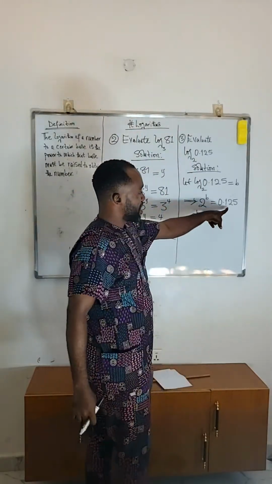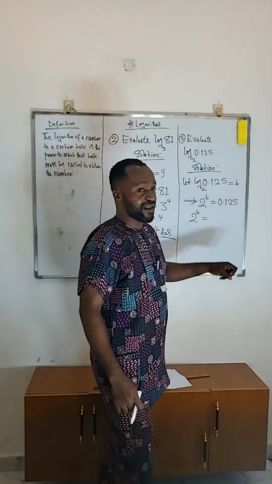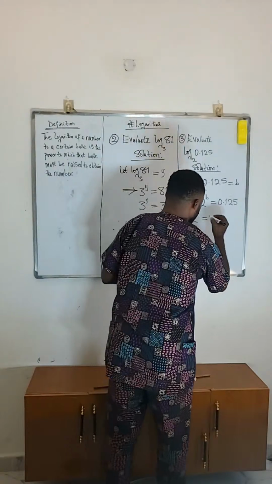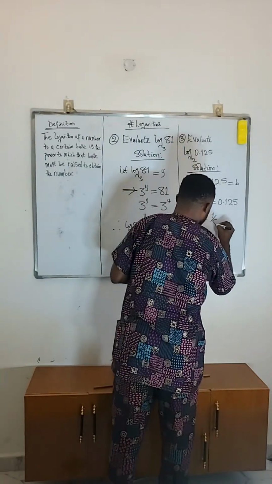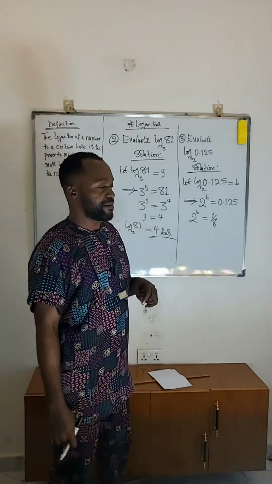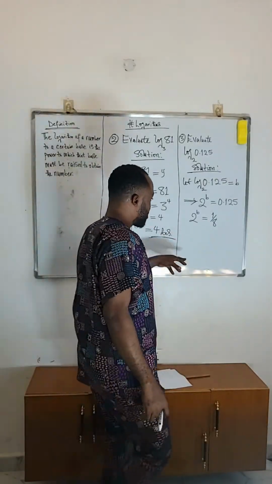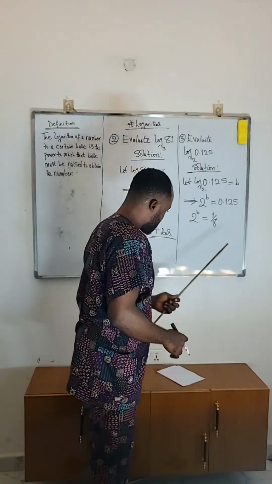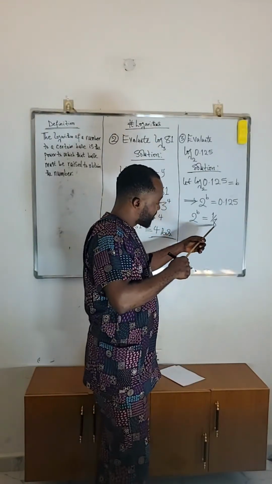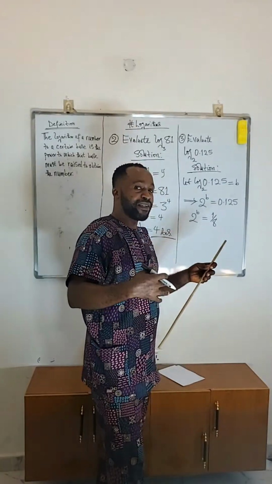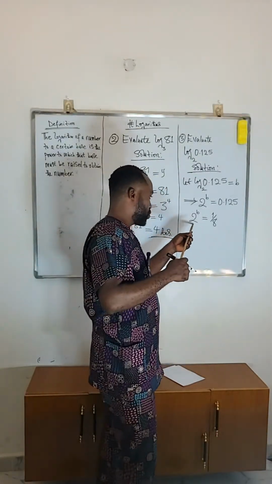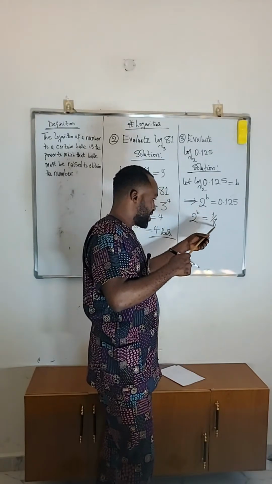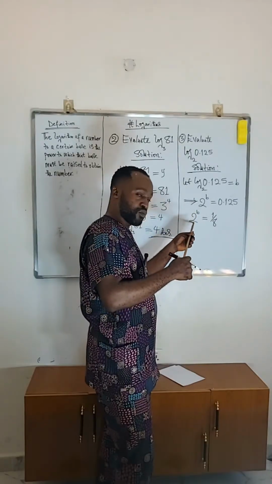In the next step, let's change 0.125 from decimal to fraction. If we do that, we have 1/8. Next, we express 1/8 in terms of 2.